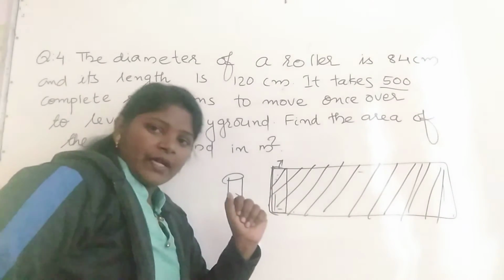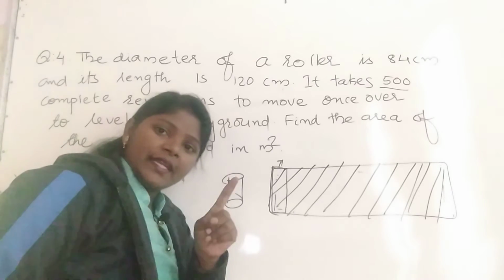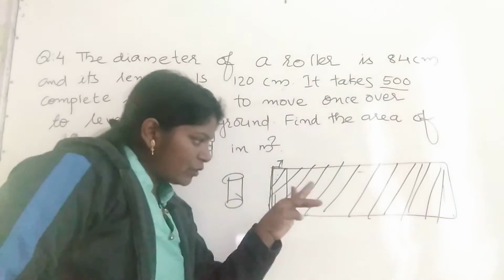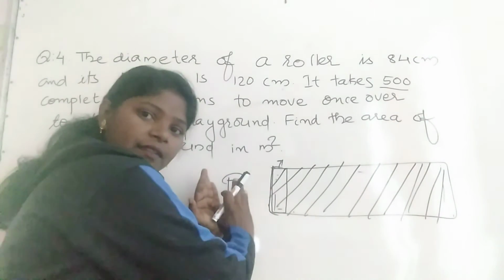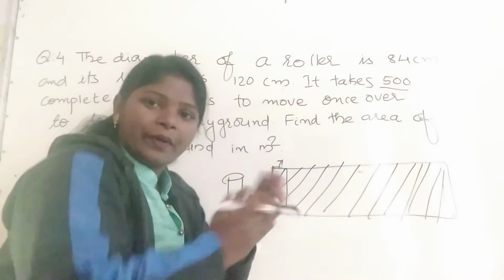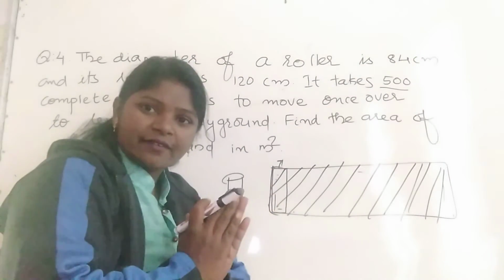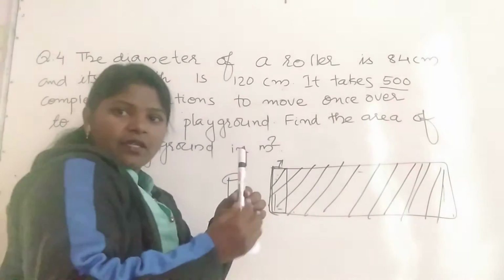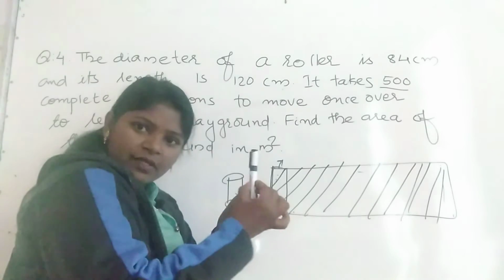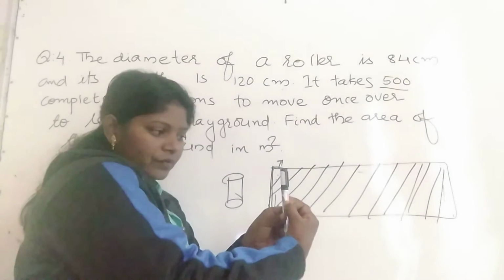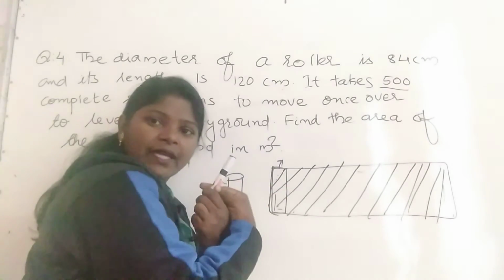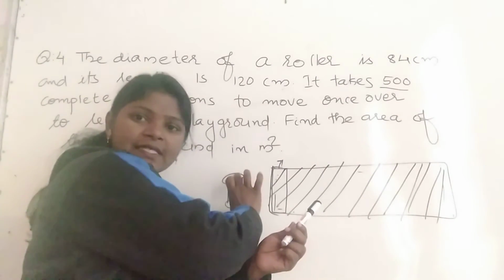Okay. Then how can you find the area covered in one revolution? In one revolution, the roller covers the whole curved surface portion of this cylinder.